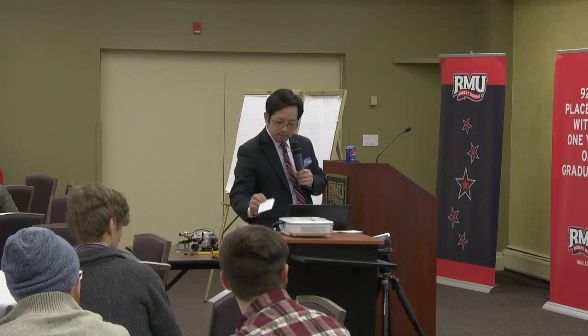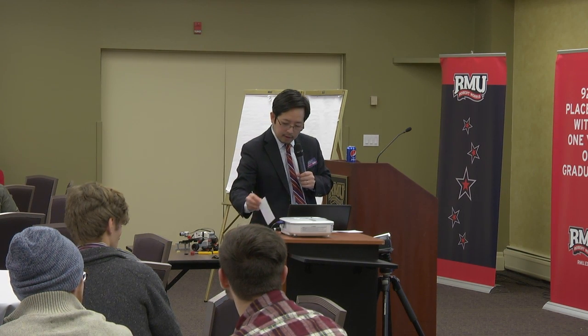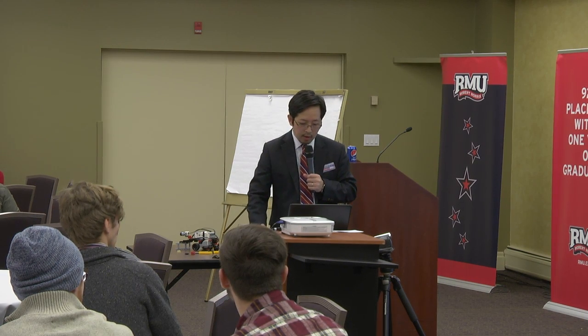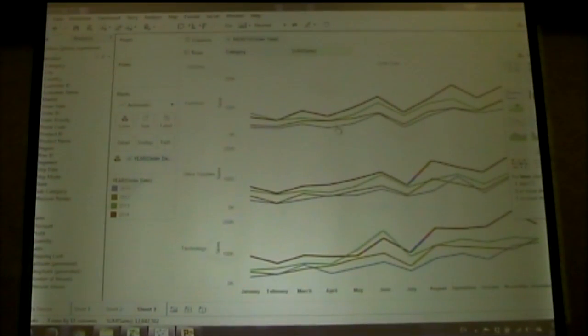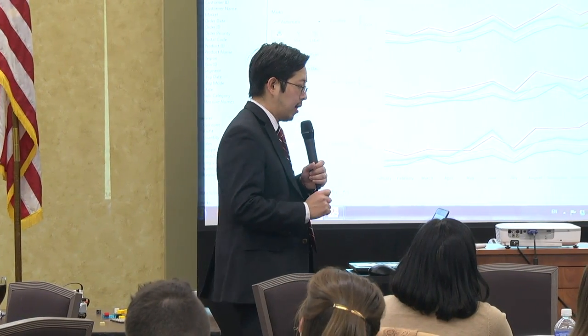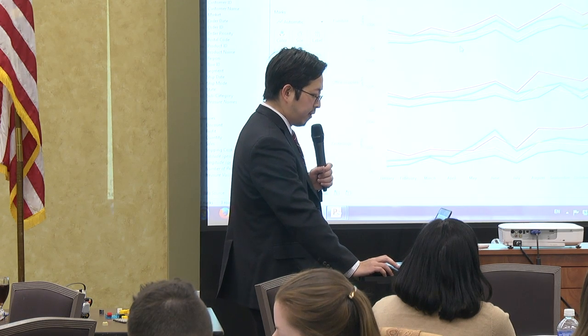What about the sales in different categories? Okay, so the sales in furniture, office supplies, technologies, easily you can slice and dice the data to provide more insight into the business data.